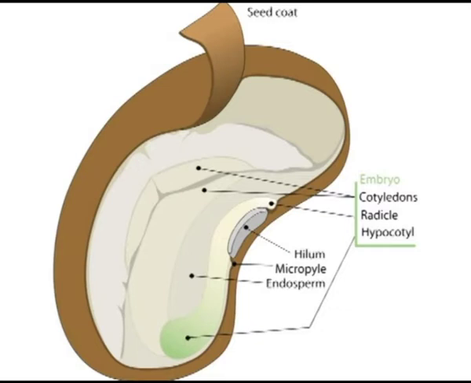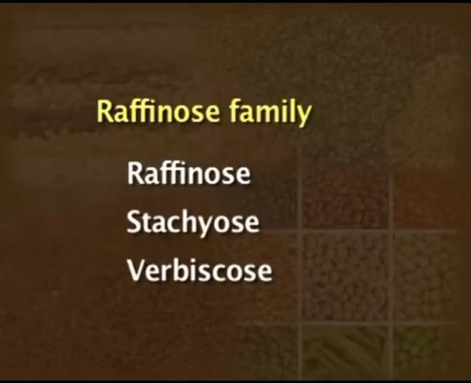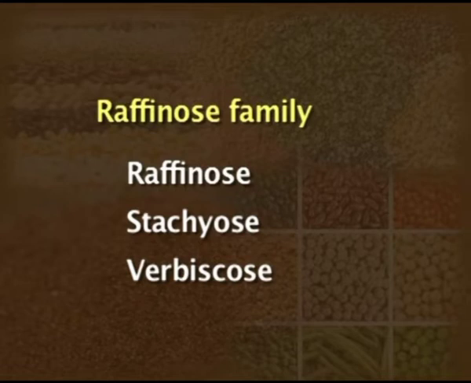We also find a certain amount of sugars in the pulses, and most of these sugars belong to the oligosaccharides of the raffinose family. These are mostly made up of three kinds of sugars which include raffinose, stachyose and verbascose.